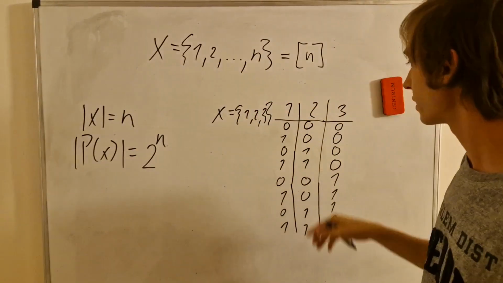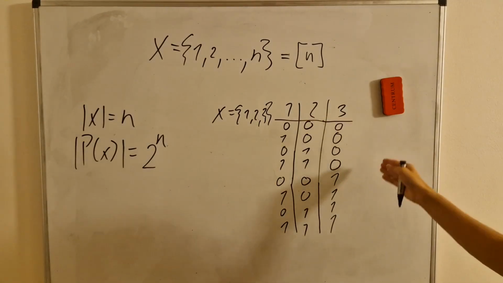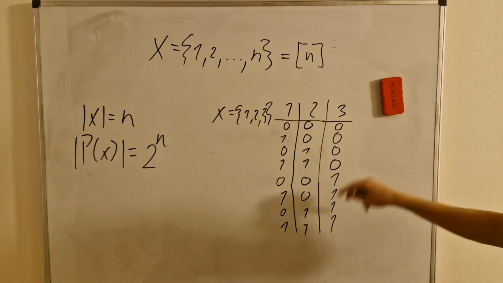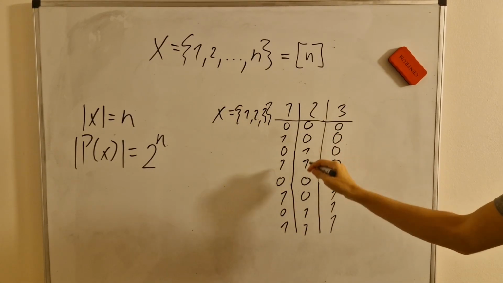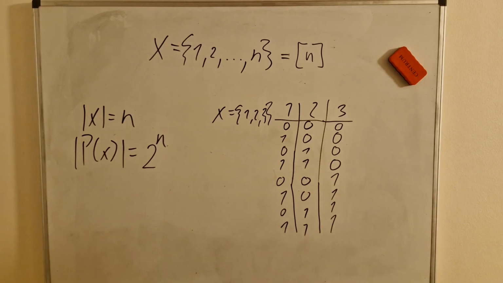And now, let's reason it out with this table. We use zeros and ones to say, is that element there or is it not? And each row represented one subset, right? This subset was the empty subset, this one was only containing 1, only containing 2, containing 1 and 2, containing 1, 2, 3 in this last case.